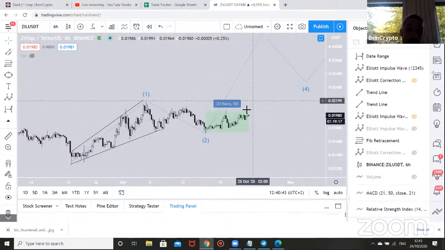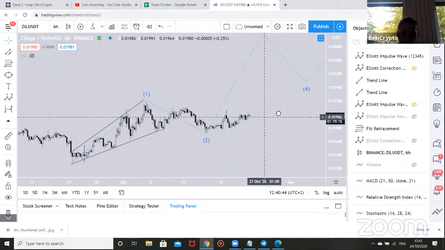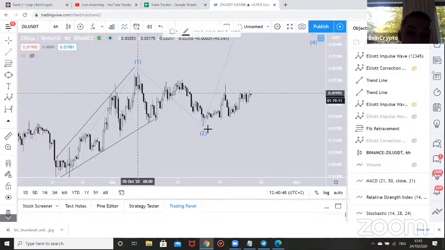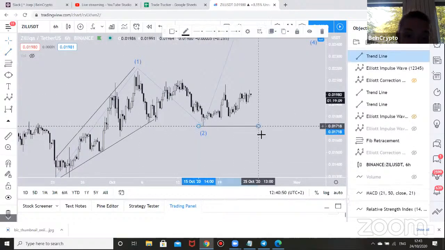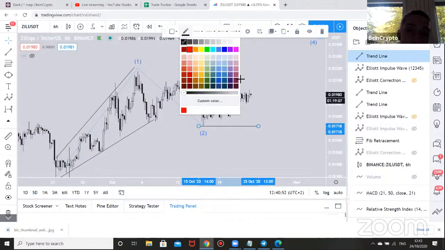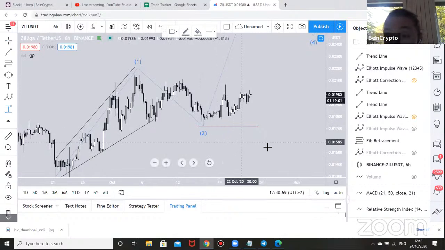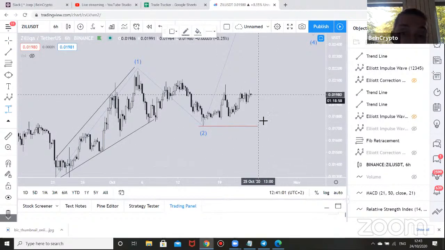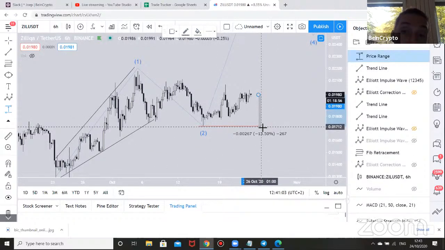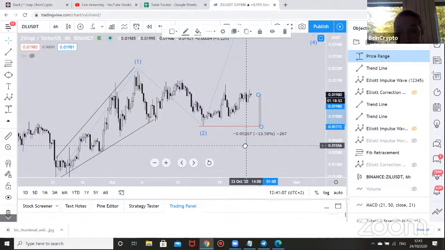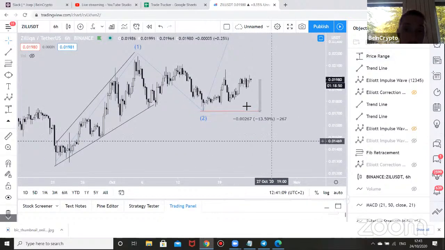And in this case, the stop loss would have to be placed right here, at the bottom of wave 2. Now, this has its pros and cons. The stop loss is about 13% below the price, which is not that good.